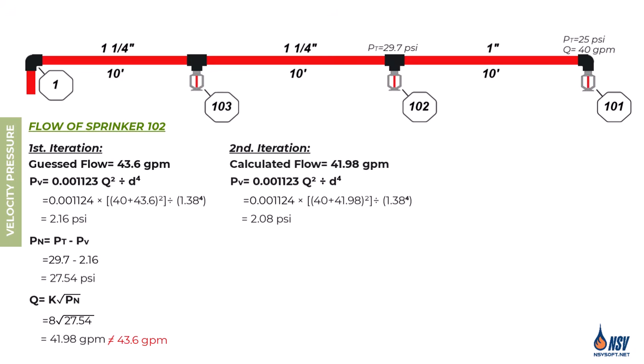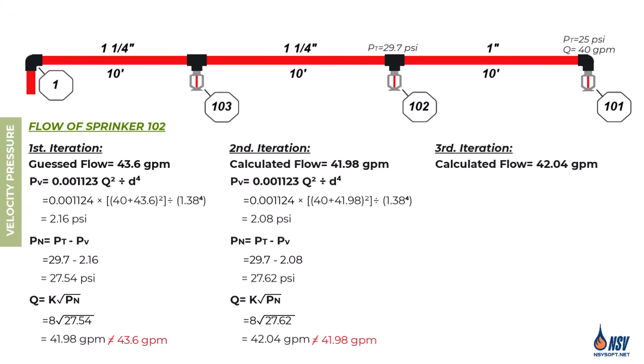This second iteration gives a velocity pressure of 2.08 pounds per square inch, a normal pressure of 27.62 pounds per square inch, and a calculated flow of 42.04 gallons per minute. Again, this value does not match the flow used at the beginning of the iteration, so we continue. Using 42.04 gallons per minute for the next step, the velocity pressure remains 2.08 pounds per square inch.